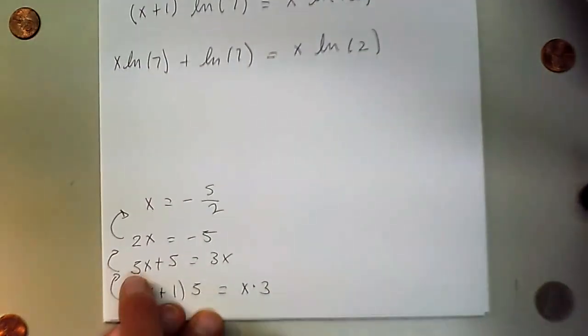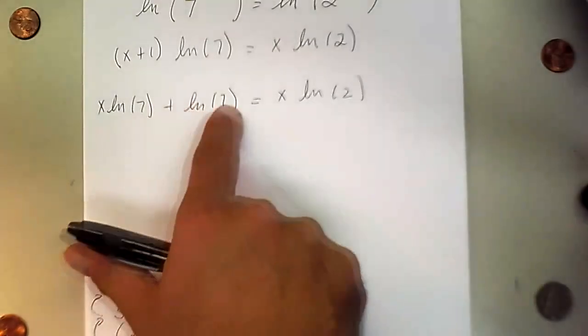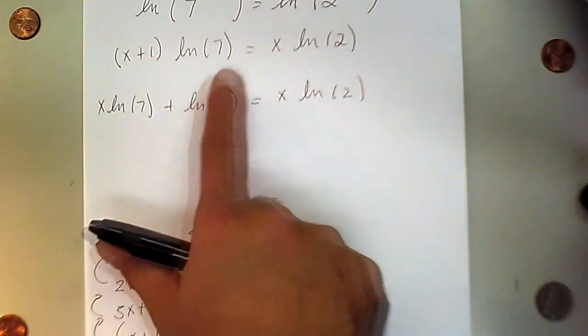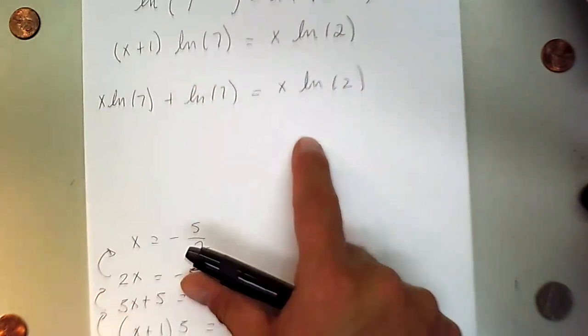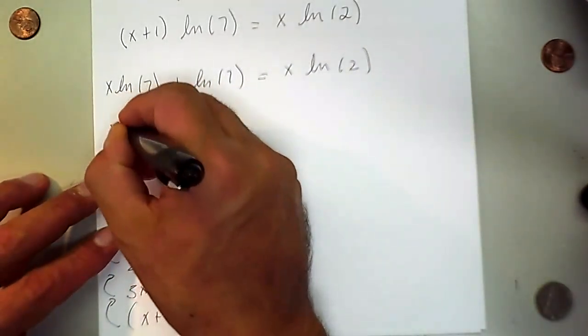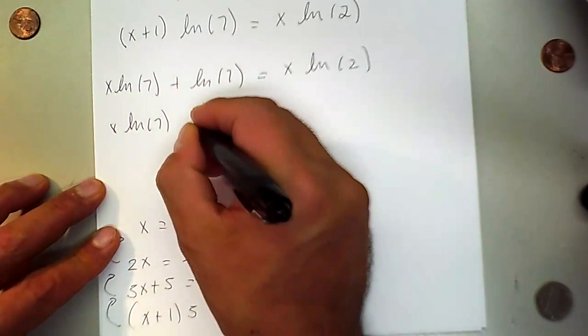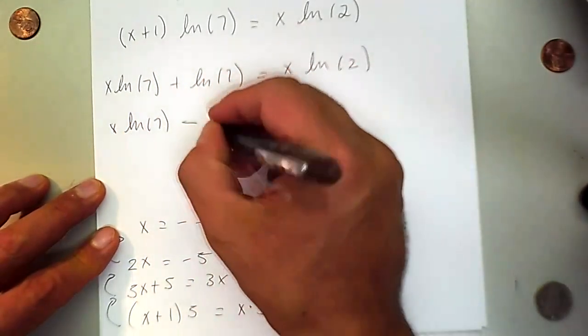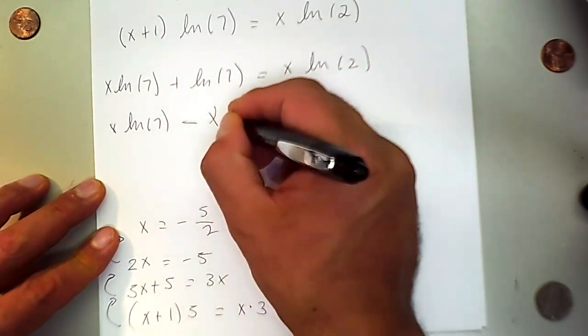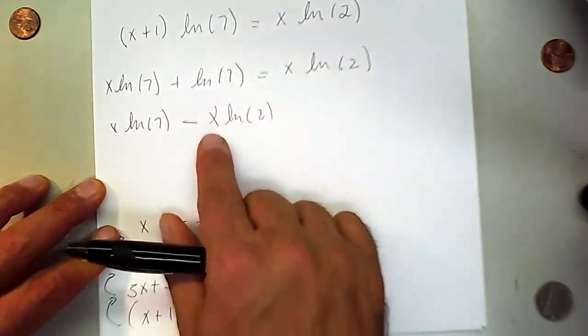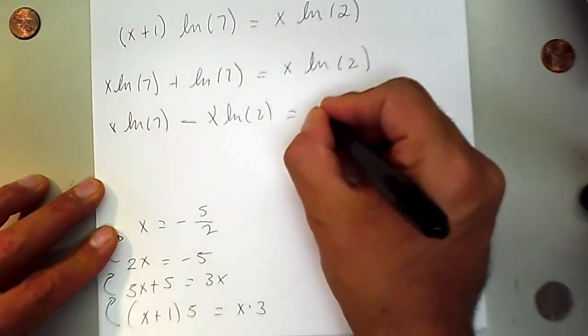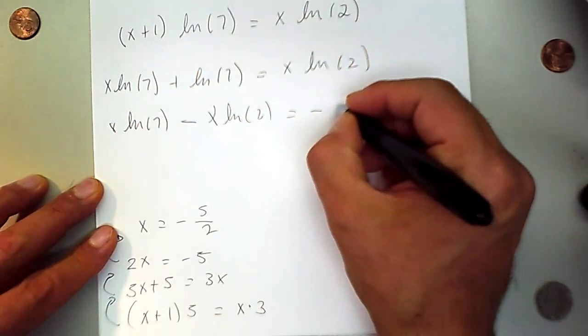Okay, so remember what we did here. We moved the 5 to the other side. So this is kind of like the 5. No x, that goes to the other side. This guy goes to this side. So we still have x natural logarithm of 7 minus x times natural logarithm of 2, equals the opposite of the natural logarithm of 7.